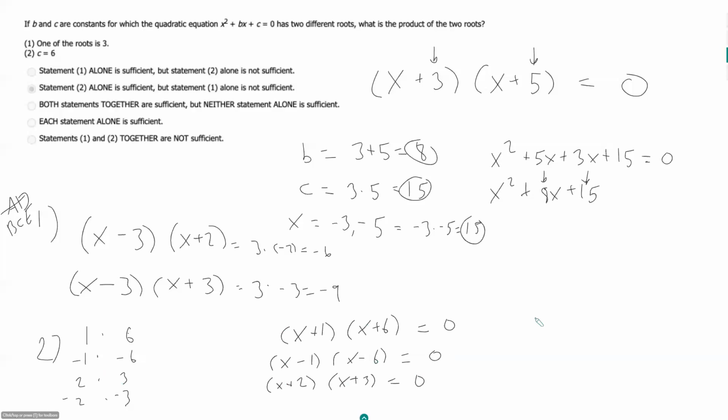And then I'll do this one over here. x minus 2 times x minus 3 is equal to 0.